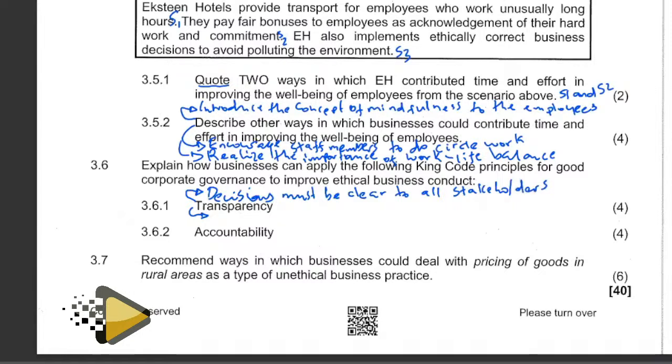And also, we said that staffing and other processes should be open and transparent.